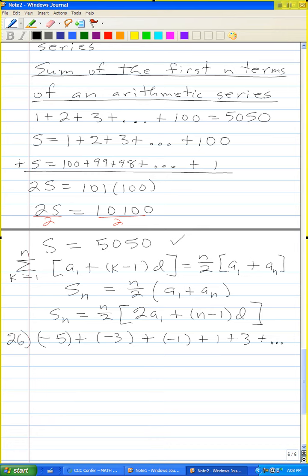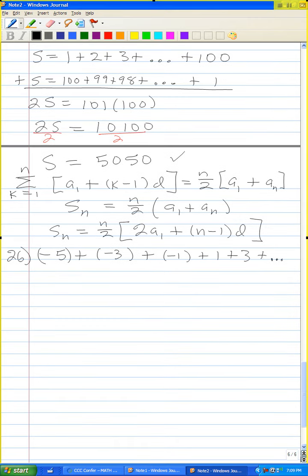Let's add these all up. And so I know the formula for the sum of the first n terms of an arithmetic series.